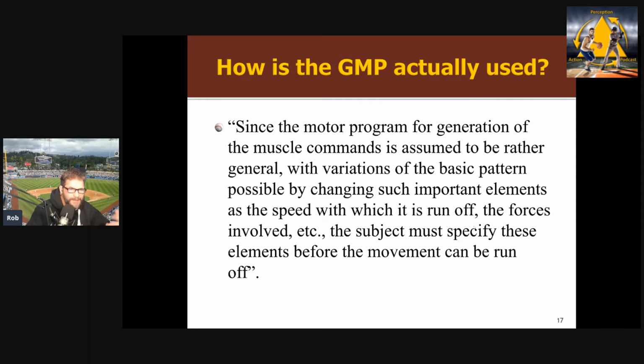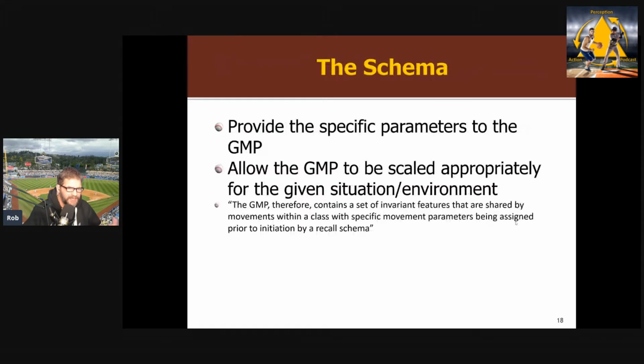So we need to parameterize the generalized motor program, and that's where schema come in. So for schema, there are two different types he proposed. They give the parameters to the generalized motor program and let it generate a movement. So they scale the GMP appropriately for a given situation.